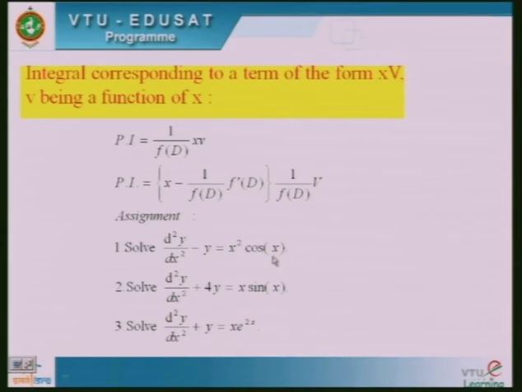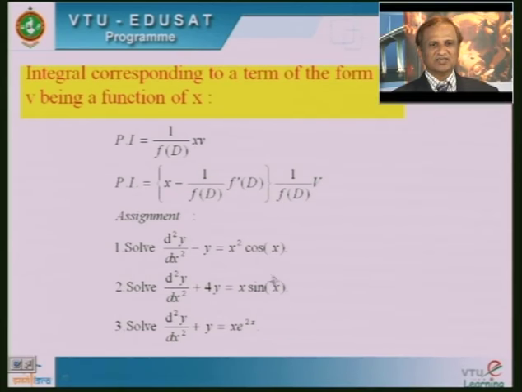So the same formula can be used repeatedly: x into v again becomes x v. I want to apply the same formula repeatedly. I hope you can practice this example. Similarly, you can practice d square y upon dx square plus 4y is equal to x into sin x.